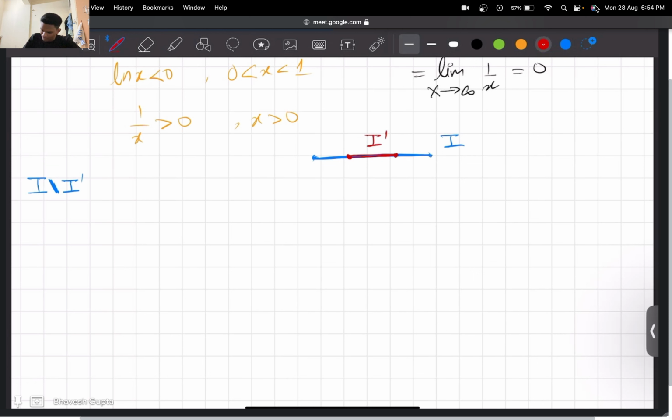So what I have done, I have removed this I prime from the I, and I denoted it using backslash and I prime, which I mean to say is this green color thing, right? What is this green color? This green color thing. So this is what your remaining set is.